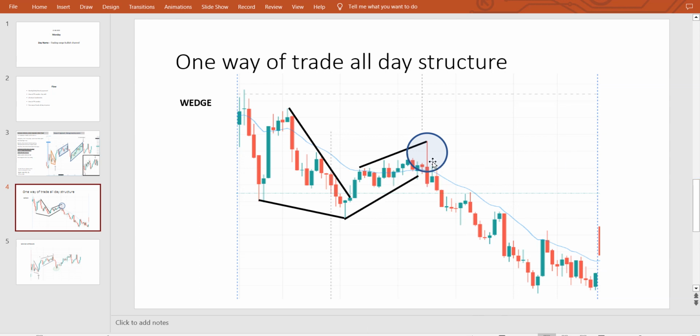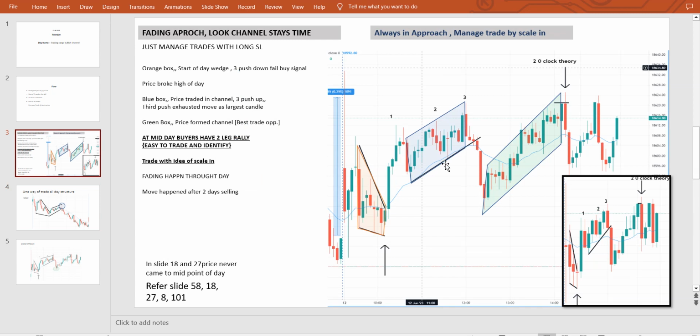Here a two-legged move happened, and a selling channel is also observed below the moving average. Today at the midpoint buying candle, the second leg is completed here, which is an exhausted move. So what you can do is buy here, or if you have bought here, move your SL here and trade for the channel, or trade till the second leg.